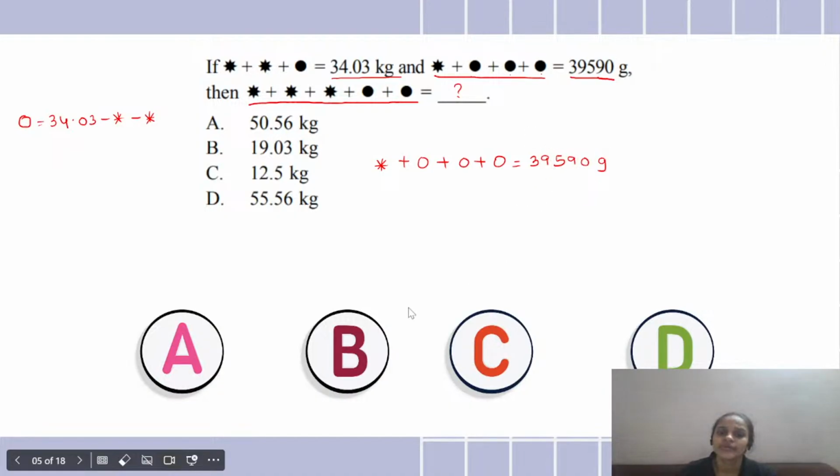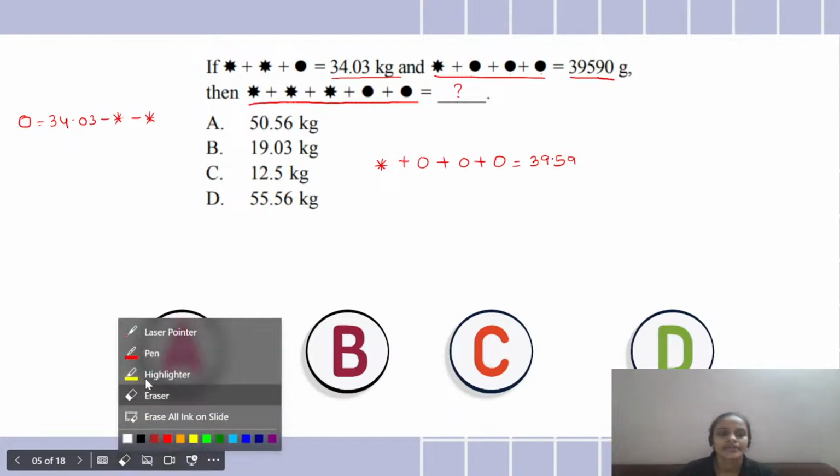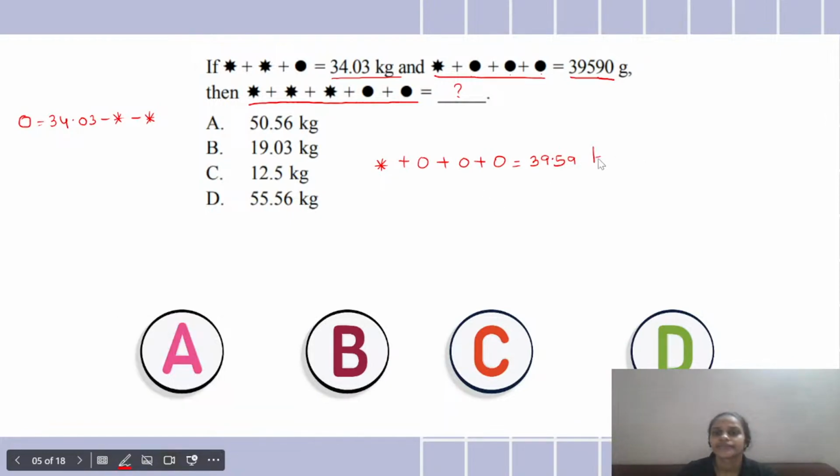Sorry, we'll convert this into kgs. Equals 39.59 kg. Okay. Now what I am going to do is replace these three circles with the value that I have found out of circle. Okay, I am going to replace this with the value of the circle that I have found out over here.